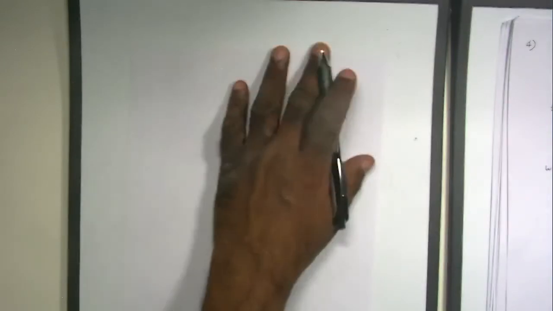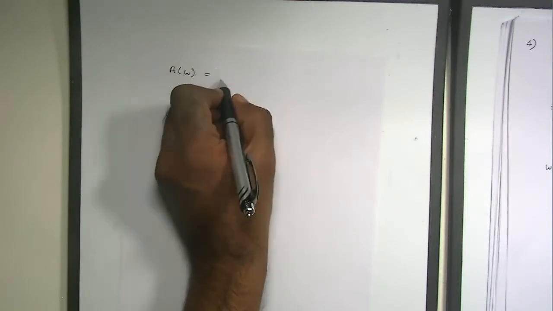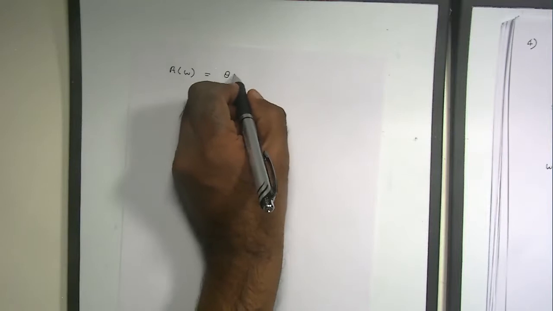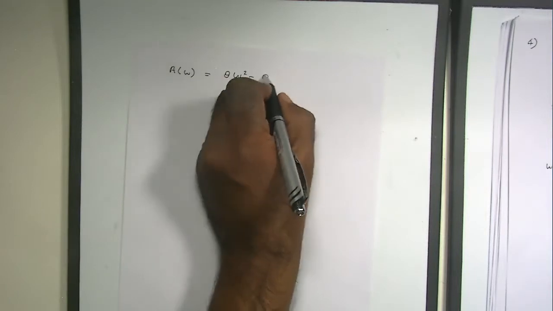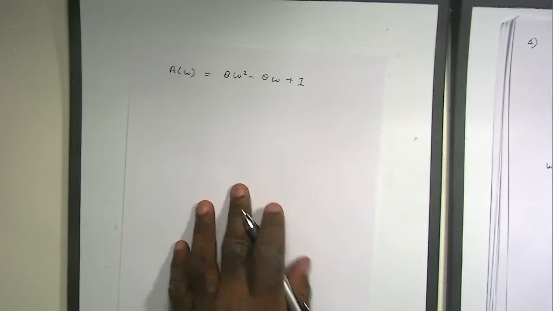And the next thing, alright, so let's get back to this. So we have proved this one, we have proved this one, we have proved this one. So the last one is that we need to prove it is a convex function. Right? So to prove a convex function, we know that A of omega is, let's write this again, theta omega squared minus theta omega plus 1. This is your A of omega.